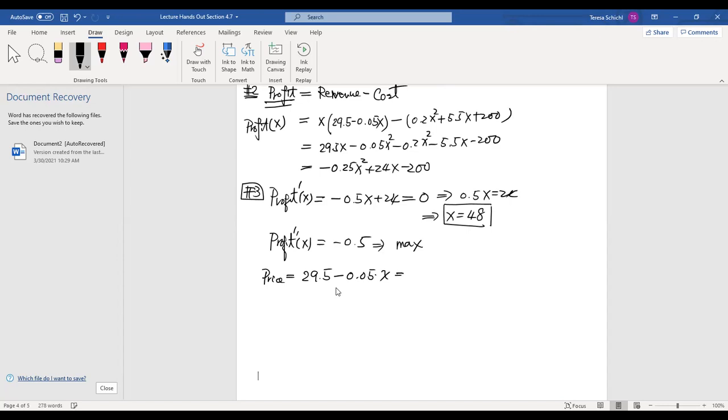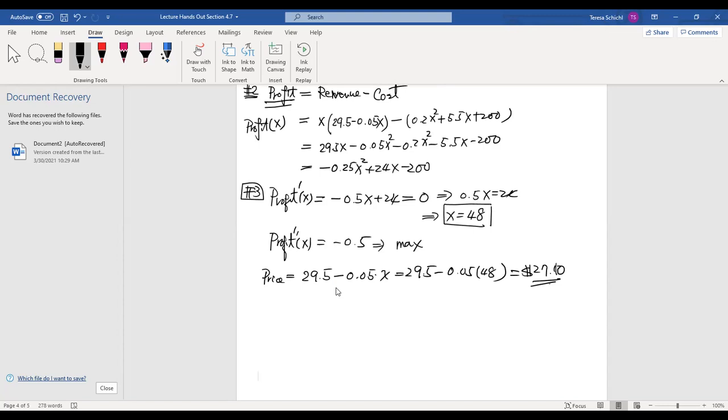So this will be 29.5 minus 0.05 times 48. That will give you 27.10. So that means you're selling at a price of $27.10 per liter, and then you will make the maximum profit here.